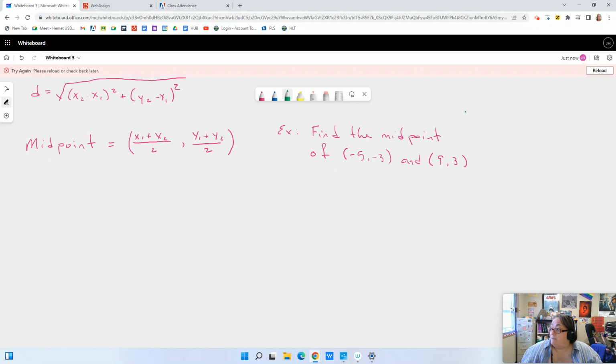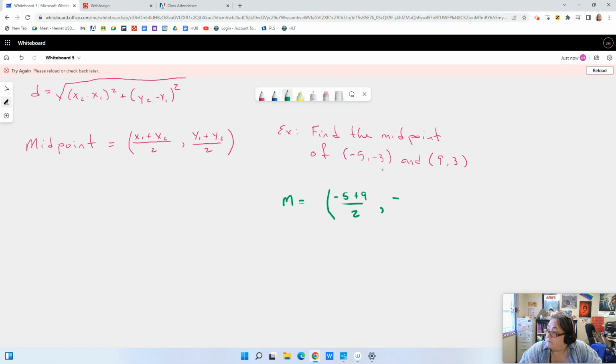And the way that we do it is we follow this formula. The midpoint would be, I don't know why I'm using M, maybe I should put mid. It's going to be my x values, -5 plus 9 over 2, would give me the x value.